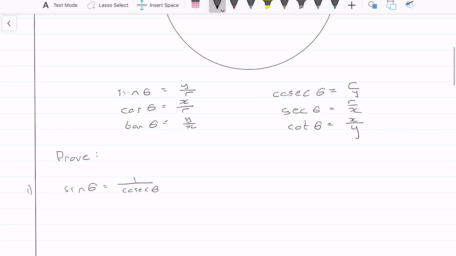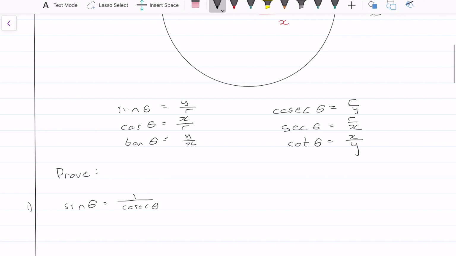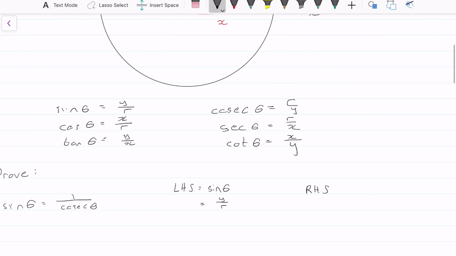How we prove something is we first work with the left hand side and the right hand side separately. The left hand side of this equation is equal to sine theta, which is equal to y over r. We can't do much more there, so we work with the right hand side.